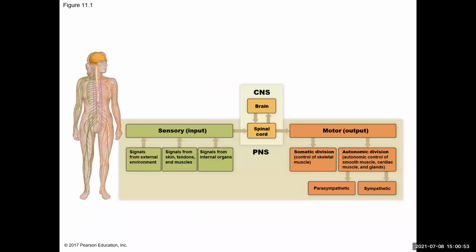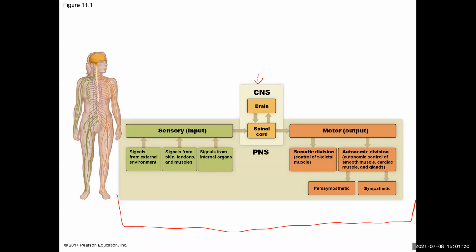Okay, we have a figure here that shows that breakdown a little better. So you have your central nervous system here. Everything else in this box is the peripheral nervous system, and they're bringing information to the central nervous system and carrying information away from the central nervous system. Now, the sensory, remember, is the input.